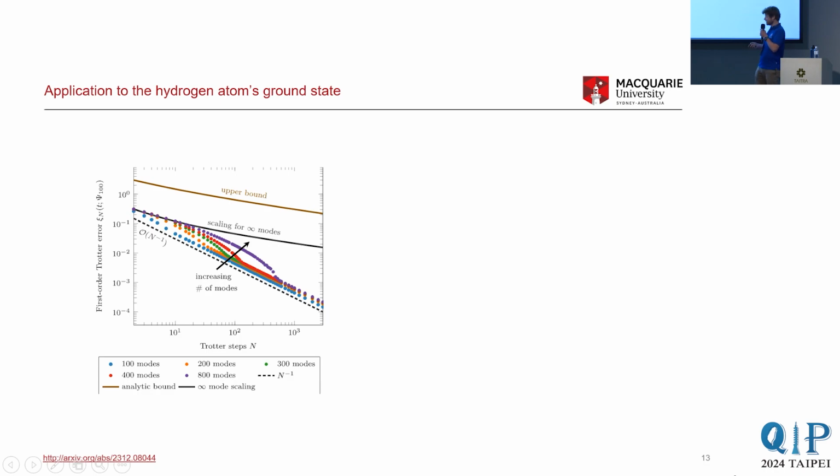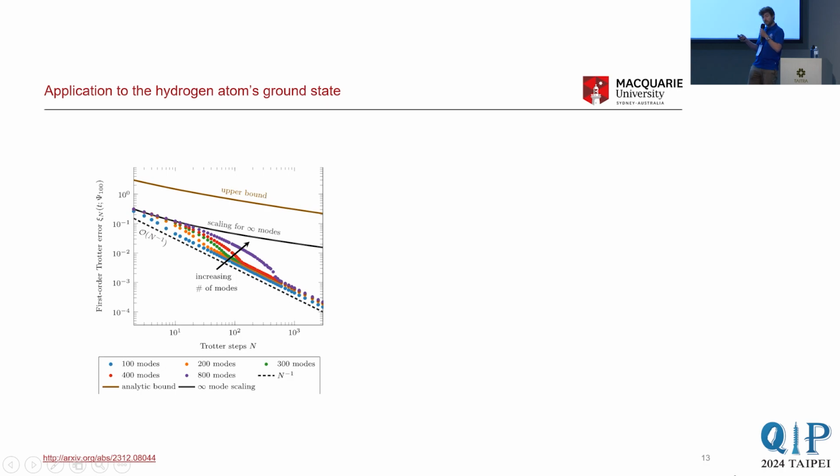And the way you actually see this is you look at the hydrogen atom and you truncate it. So you make it finite dimensional to put it on your computer and do the simulation. And you look at the Trotter error on higher and higher truncation dimensions. And what you see is that for some large number of Trotter steps, you get this 1 over n scaling that you expect. But for some small number of Trotter steps, you get a slower scaling, and then there's a transition region.